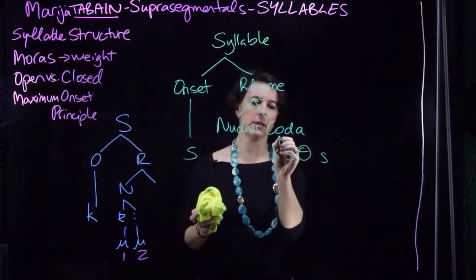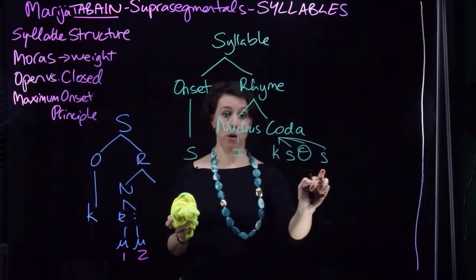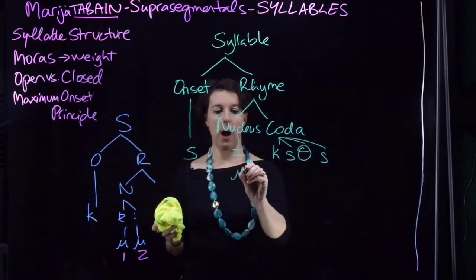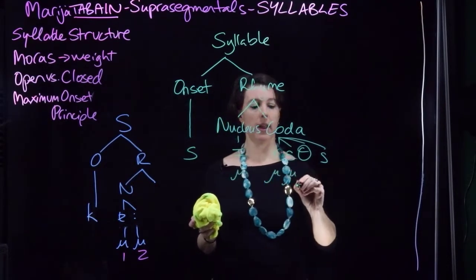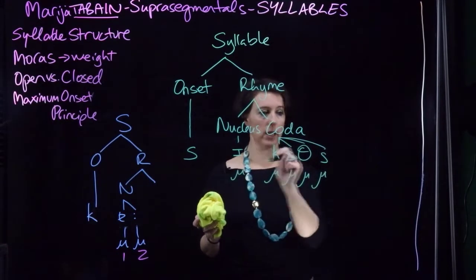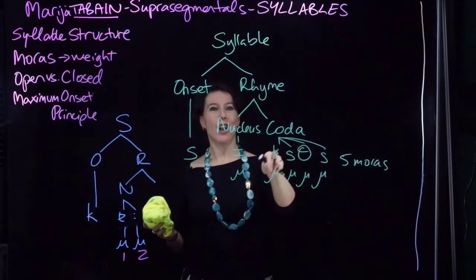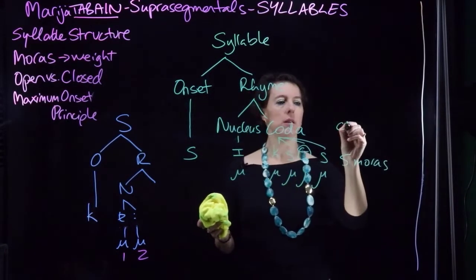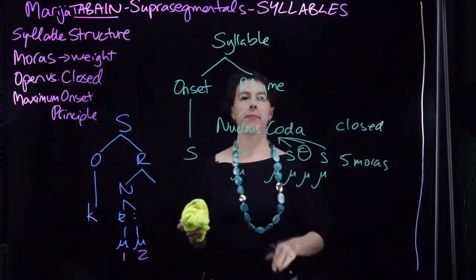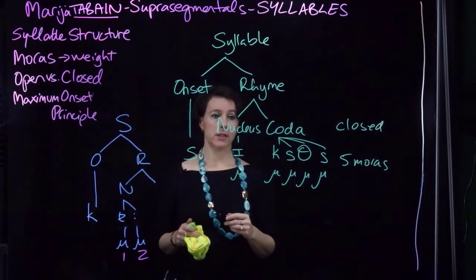So how many slots have I got in there? 1, 2, 3, 4, no, 5, 5 plus the nucleus. So that's 5 moras there. But it's still a closed syllable. It only needs one consonant in the coda to be a closed syllable.